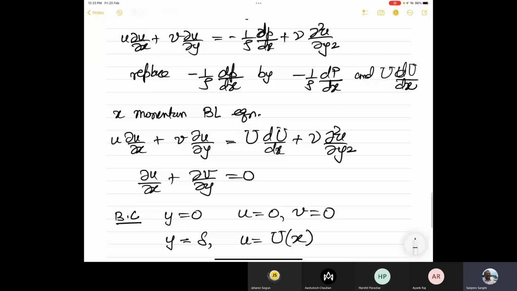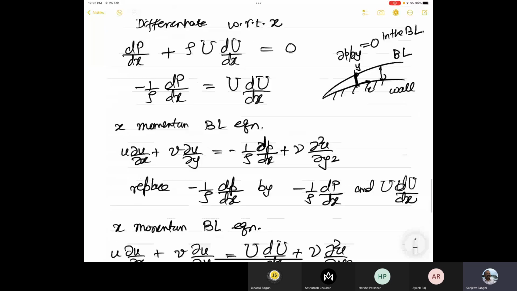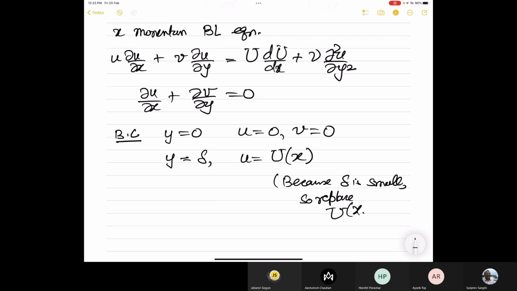So the velocity gradients are low there. Therefore, at y is equal to delta, we put in the condition that small u is equal to capital U of x, and this is because delta is small. So replace u of x comma delta by capital U of x. Basically this delta we replace by 0 because the potential flow velocity will not change too much.